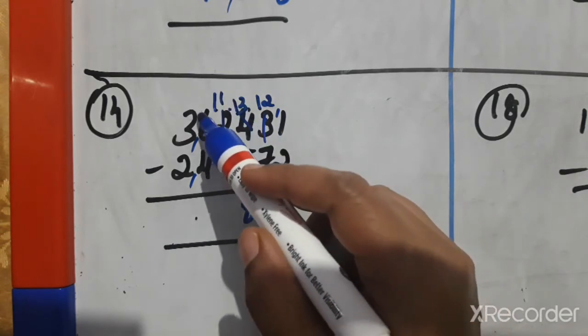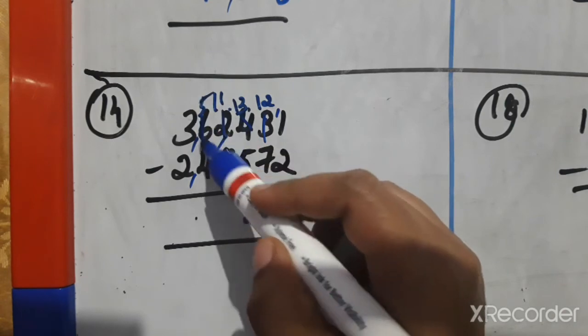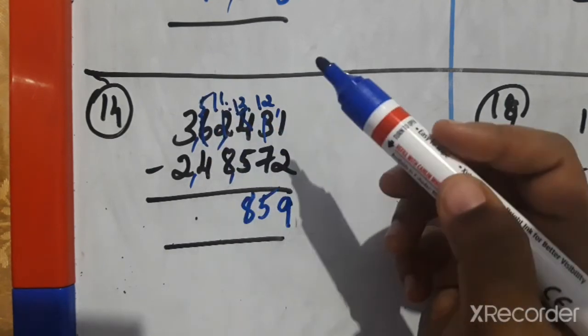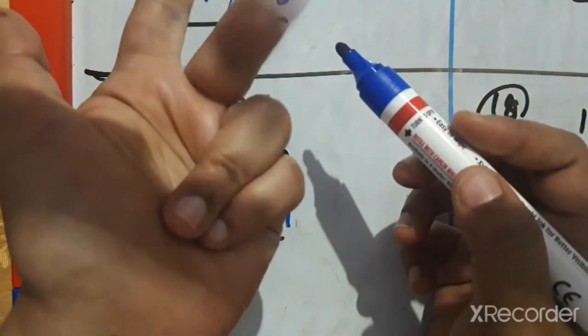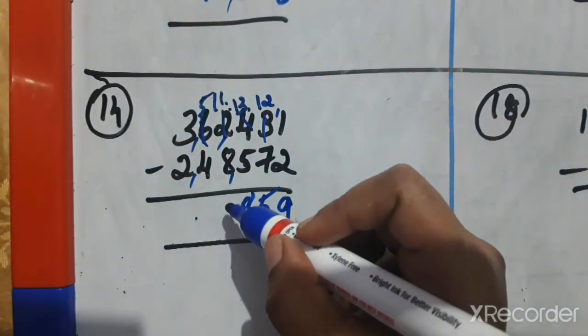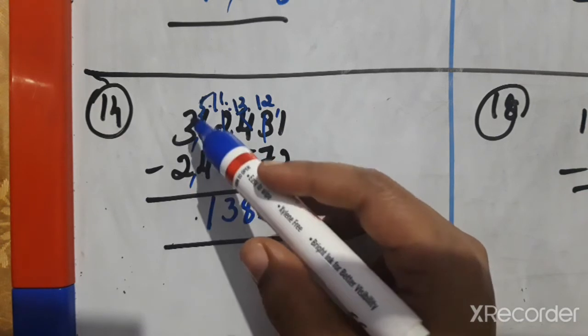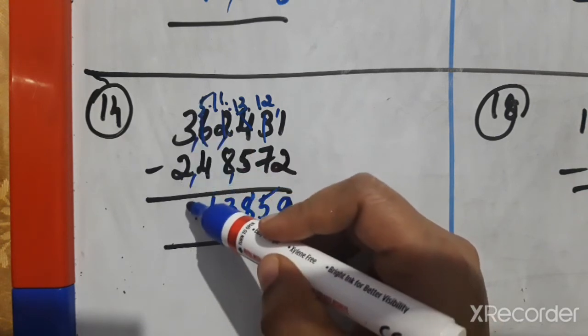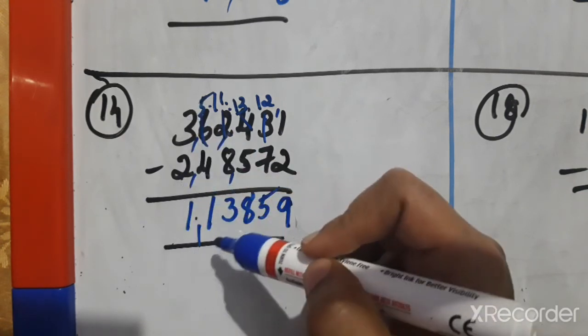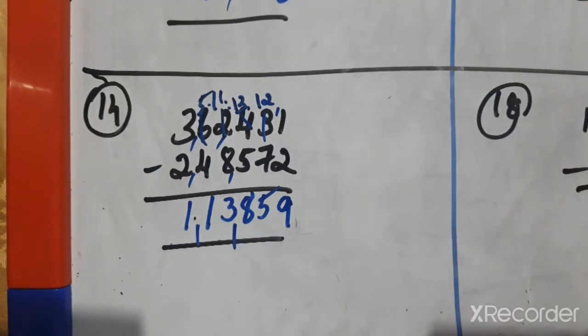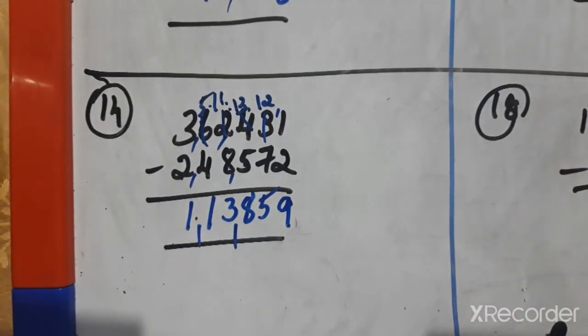Borrow 1 from the next number. So here it will become 5. And here 11. 11 minus 8 means 9, 10, 11. How much? 3. Now 5 minus 4 is 1. And 3 minus 2 is 1. Answer is 1,13,859.